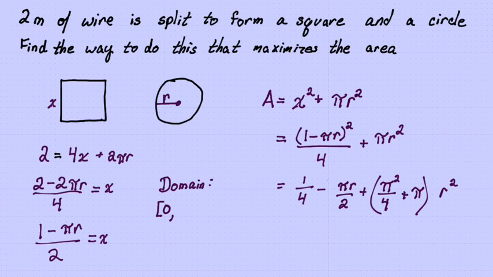Right? So if r were 0, then x would be 0.5. Right, because then the perimeter of the square would just be 2 meters. So now I just need to figure out what the area is for 0 and 0.5.